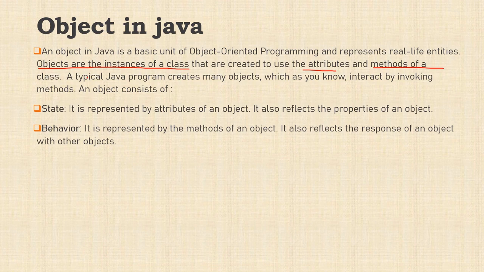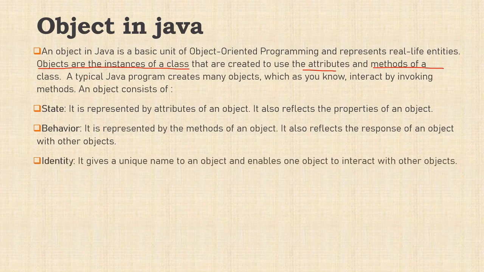It also reflects the properties of an object. Behavior is represented by a method of an object. It also reflects the response of an object with other objects. Identity gives a unique name to an object and enables an object to interact with other objects.